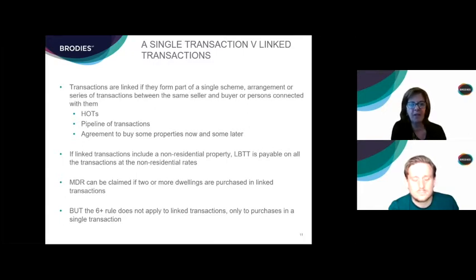Linked transactions, however, are a bit more spread out, as it were. They're linked if they form part of a single scheme, arrangement or series of transactions between the same buyer and seller or persons connected with them. So here you might have heads of terms which refer to several different transactions or a pipeline of transactions, or an agreement that a total number of properties will be bought over a year or something like that.